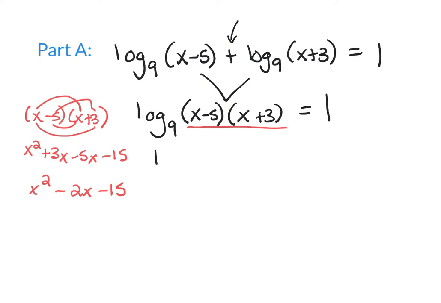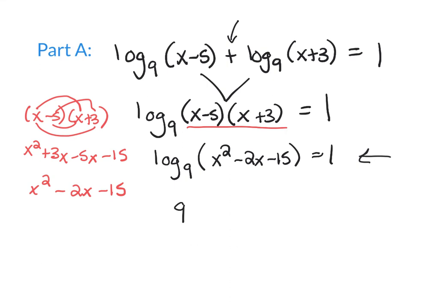All right, so let's write this as log base 9 of this full thing, x squared minus 2x minus 15, equals 1. All right, so now that it's condensed, change your logarithm into its exponential form. So that's 9 to the power of 1 equals x squared minus 2x minus 15. All right, how do we solve this?